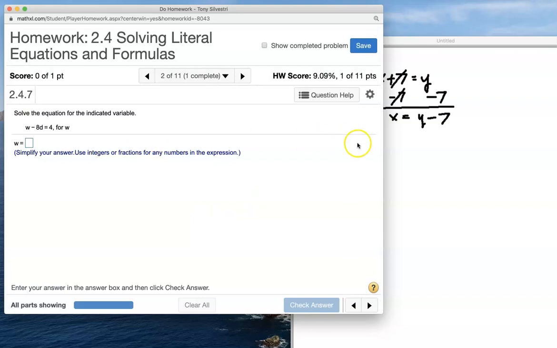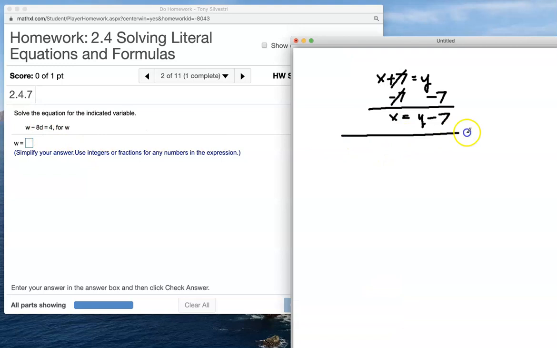Okay, solve for w. Here we have w minus 8d equals 4. To solve for w, you want to legally do whatever is possible to just get a w by itself. If I were to get rid of that 8d by adding that term to both sides, you will have done the job.